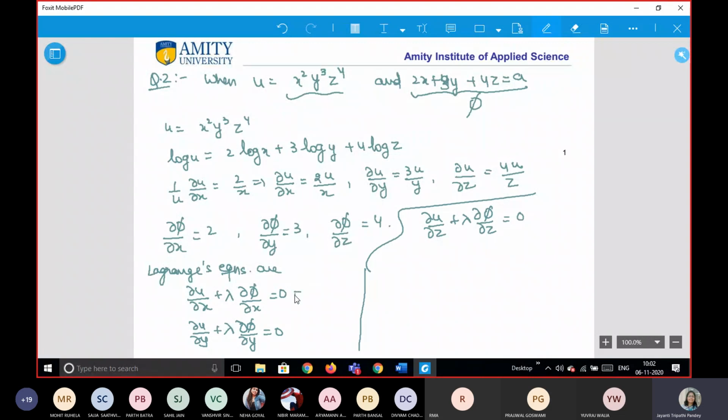Now put the values. Del u by del x is 2u by x. So you are getting 2u by x plus lambda into 2 equals to 0. Right? So that will give me x is equal to, 2 is cancelled, x is minus u by lambda. Just check.